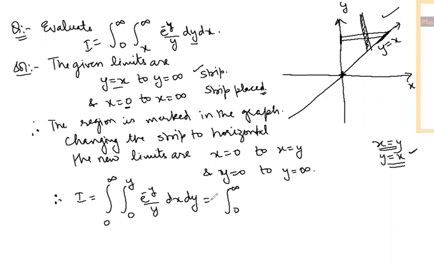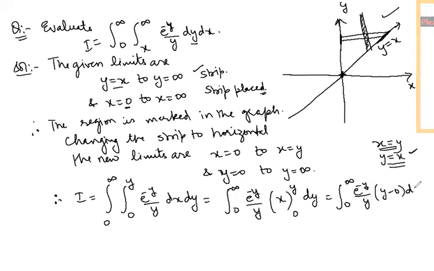But mind that solving the integral part is very easy. The main thing in these questions is that you have to locate the region, or write the right limits. e to the power minus y upon y will now behave as a constant. So the integral of 1 with x limits 0 to y gives, from 0 to infinity, e to the power minus y upon y times y minus 0, dy.